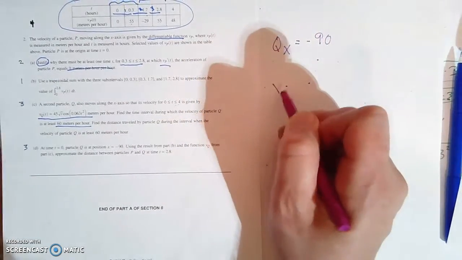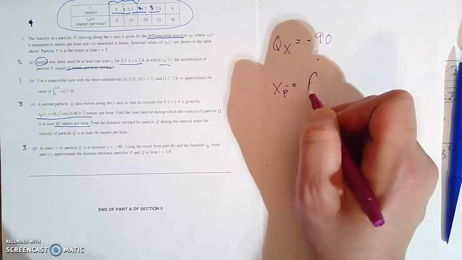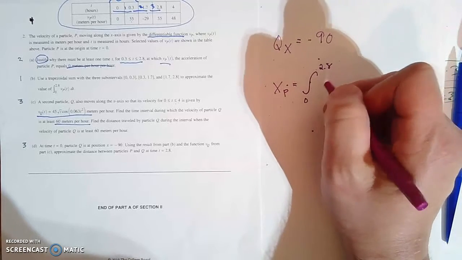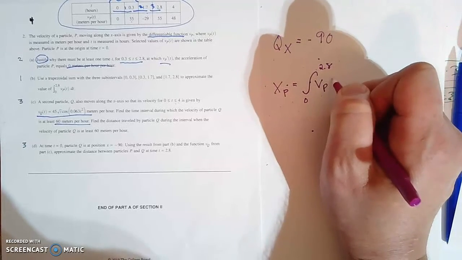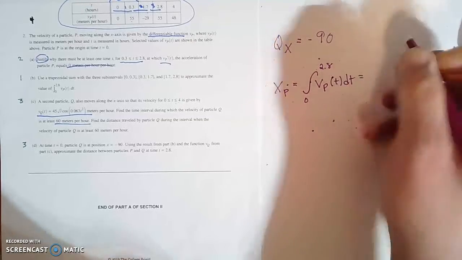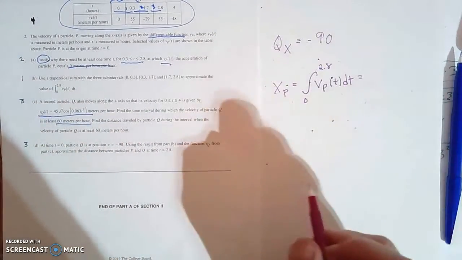So the position of P, or x of P, which you can write with any symbols you want, would be equal to the integral from 0 to 2.8 of v sub P. So the integral of velocity, you can write it like this. And we found that already. The integral of velocity was 40.75.